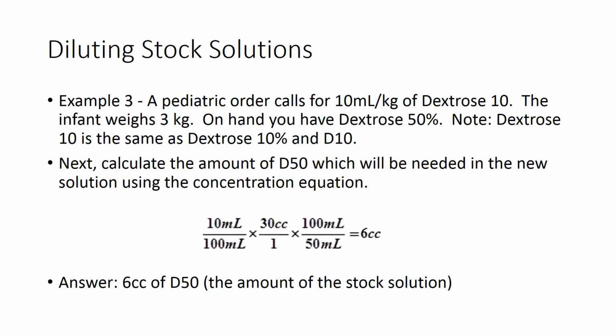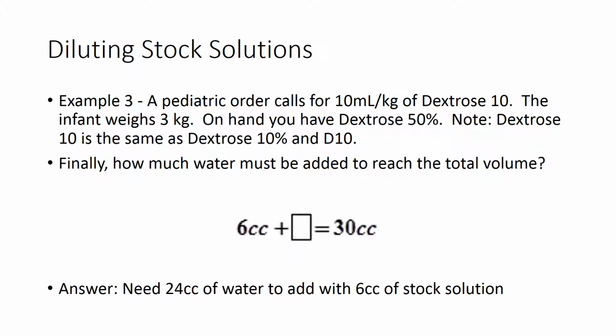And we know that we have a 50% solution, so the inverse of that will be 100 mLs divided by 50 mLs. Well, the 100 mLs will cancel out, and all of our milliliters will cancel out. So what that will leave us is 300 cc's divided by 50, which is 6 cc's. So our answer is 6 cc's of the D50, which is the amount of the stock solution that we're going to need to dilute.